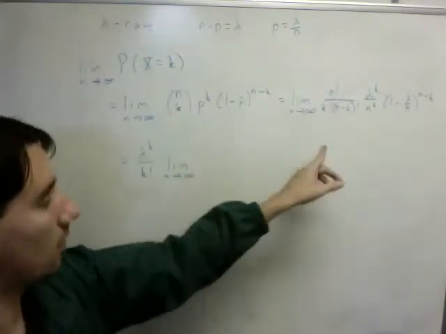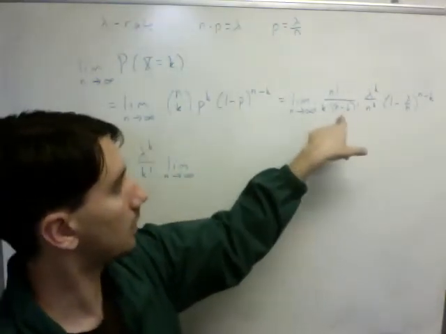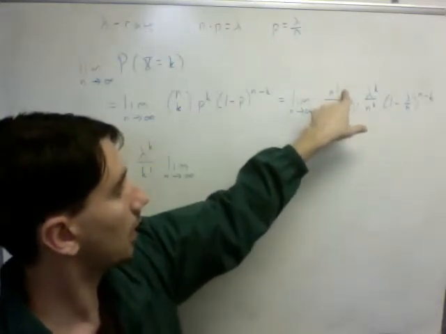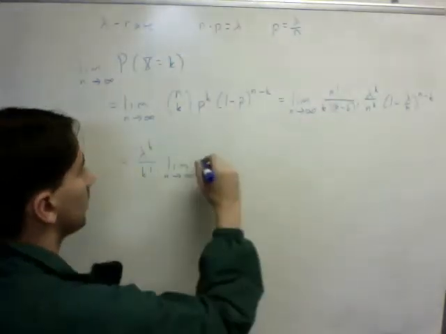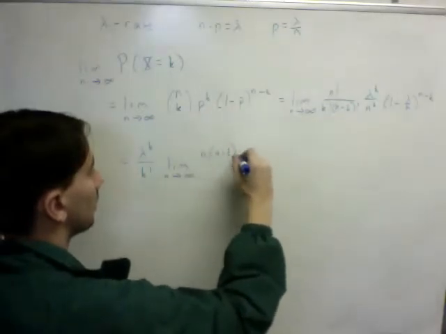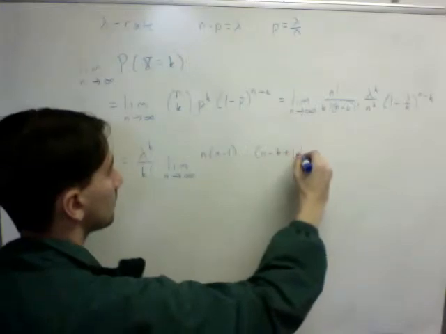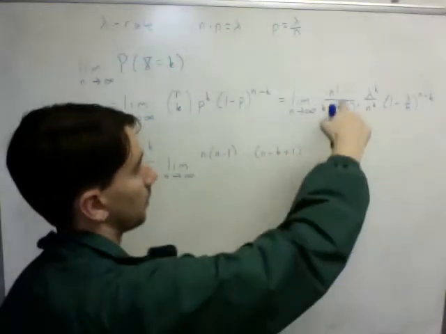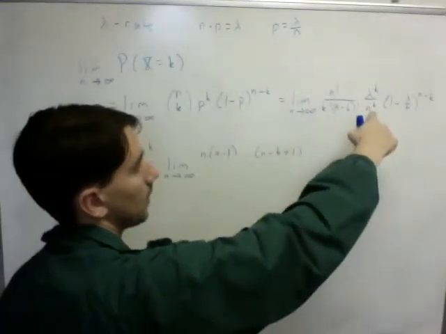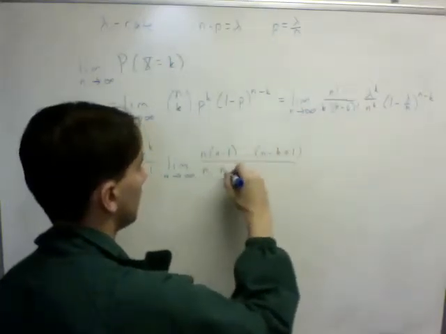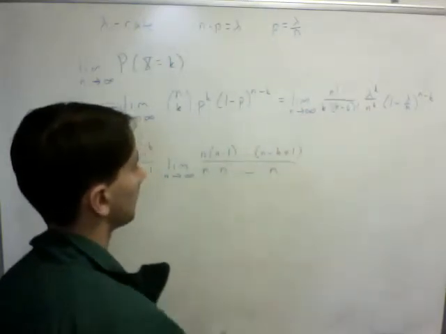And now what we're going to want to do is break up some of this stuff over here. So we have an n minus k factorial divided by n factorial, and everything cancels except for n times n minus 1, and so on down to n minus k plus 1. That's all we're left with, these two pieces. And on the bottom here we have an n to the k, but we can just write that as n times n times n.